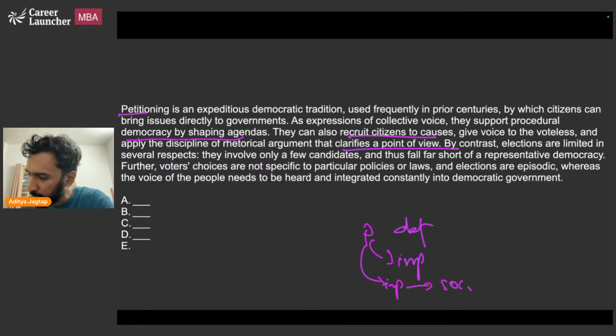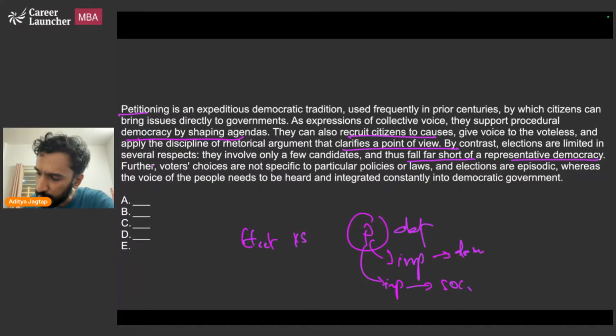So wider impact on democracy, then impact on society. By contrast, elections are limited in several respects. So now petitions are being compared to elections, right? And elections are, by contrast, limited. And we are told why elections fall short of a representative democracy. Voters' choices are not specific, etc.